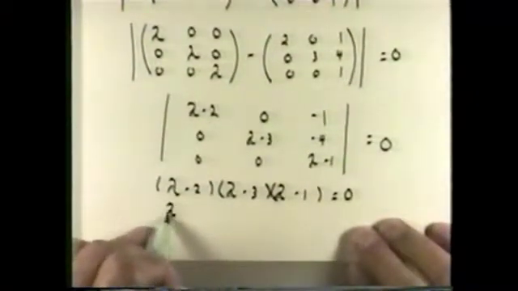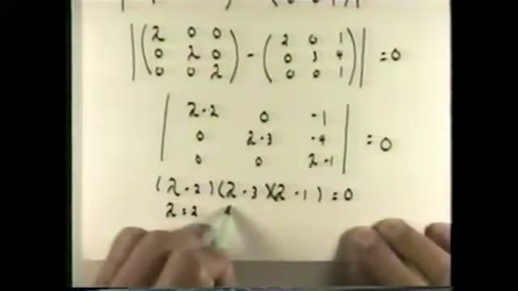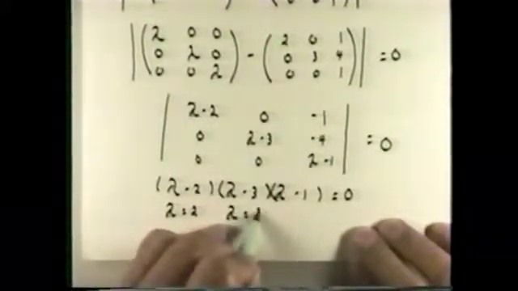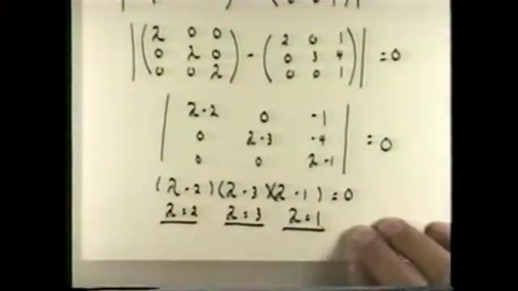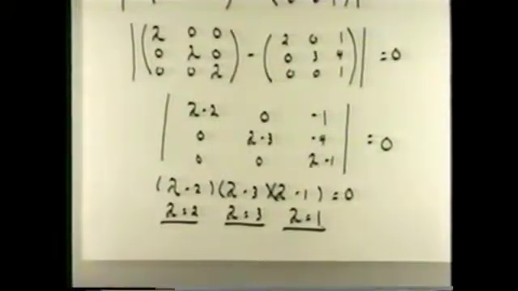Or I have lambda is equal to 2, lambda is equal to 3, lambda is equal to 1. So I get the 3 eigenvalues. In a 3 by 3 system, we have a maximum of 3 eigenvalues, so this is all we could possibly have. So the first part was to find the eigenvalues. Now we need to find the eigenvector associated with each eigenvalue.